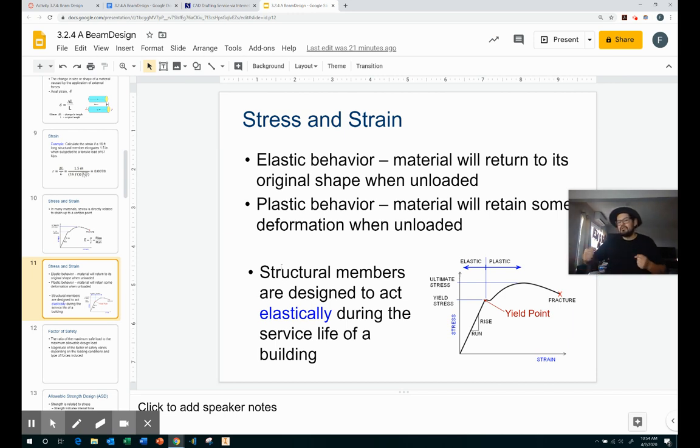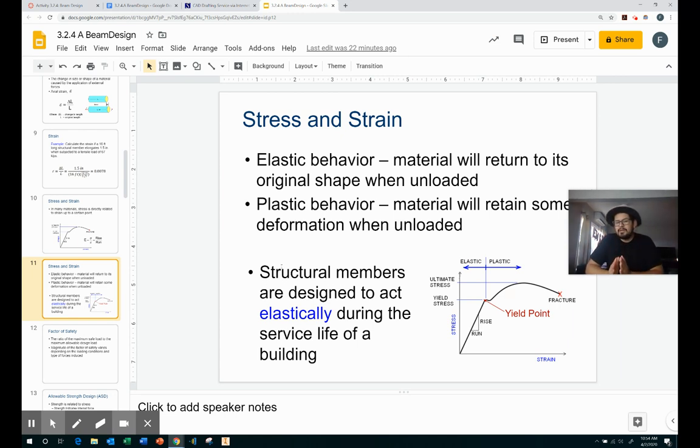When I apply too much load onto a member or any object, it eventually will stretch past the elastic range into what we call the plastic range. And that means it's never going to behave the same way again. It's now permanently deformed. And that's the plastic range. In between those, there's what we call the yield point, and that's essentially the separator between the elastic and plastic range.